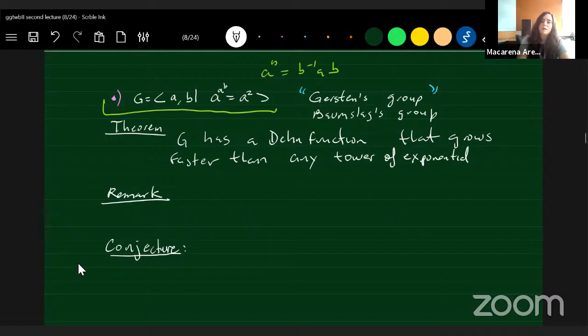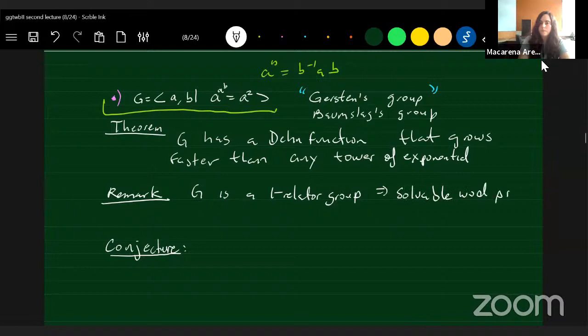One remark is that this is still a one relator group. So G is a one relator group. It is known for one relator groups that they have a solvable word problem. So the group has in particular a recursive isoperimetric function.